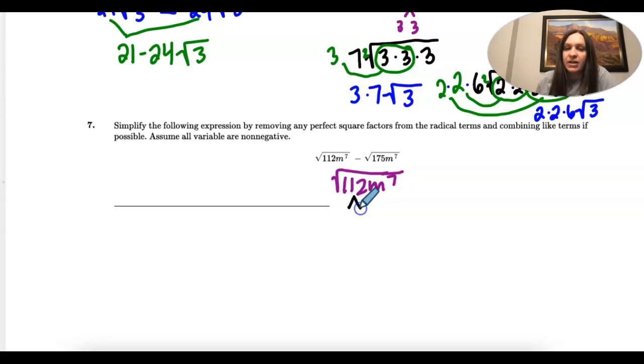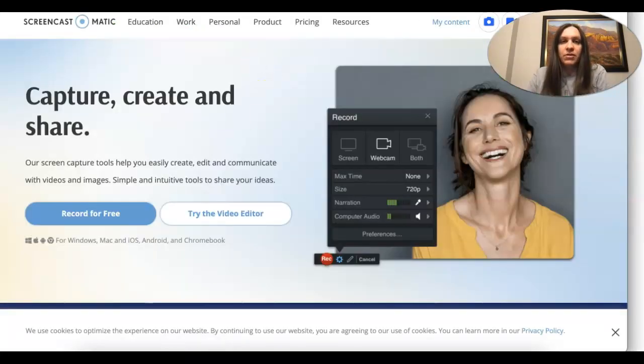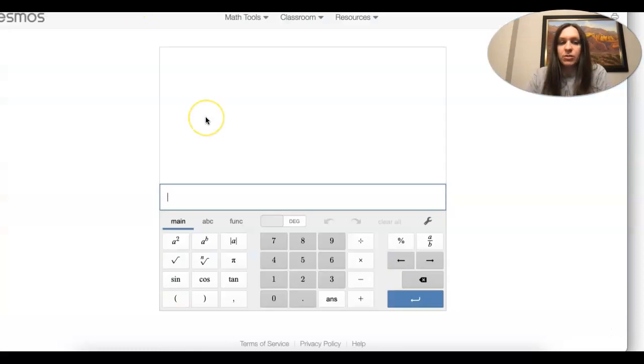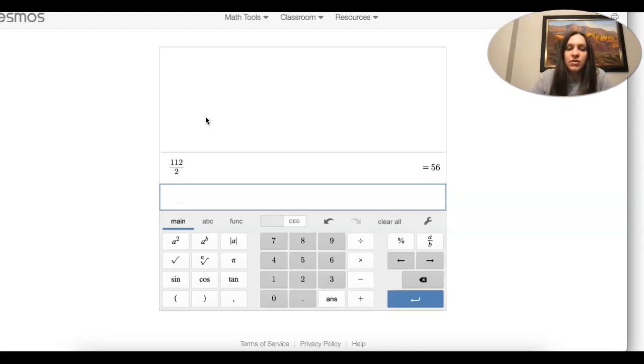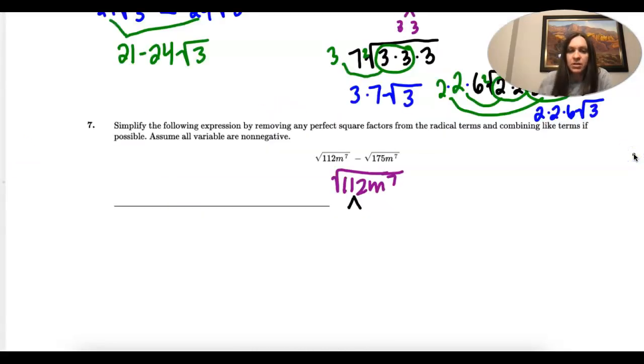We're finding factors of 112, which I don't know off the top of my head. So let's go to Desmos. And I always start by dividing by 2. If that doesn't work, go to 3, 4, 5, and just keep going. So 2 times 56 is 112. And then 28 times 2 is 56.